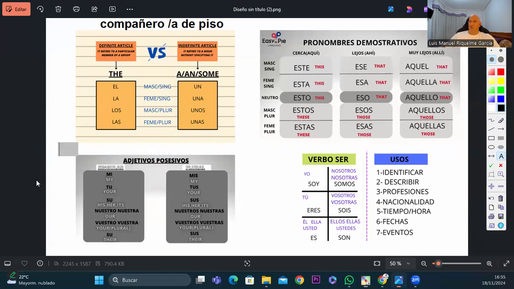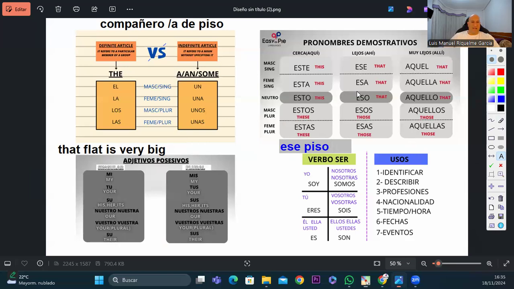Oh. Since we learned how to say flat, that flat is very big. Flat. Piso. Male, single word. How do we say that? Let's imagine it's in the middle. It's not super far away. Ese piso.